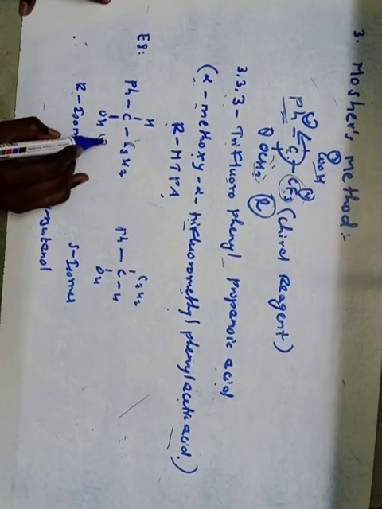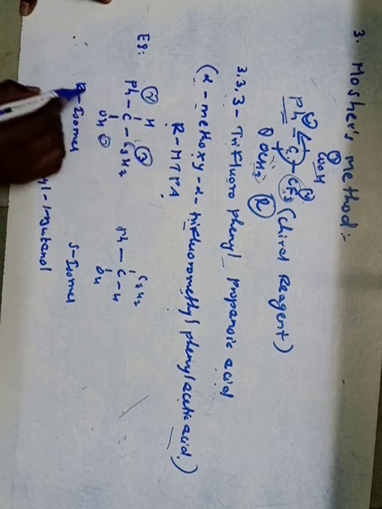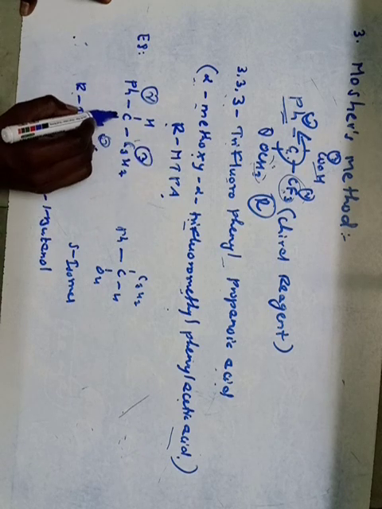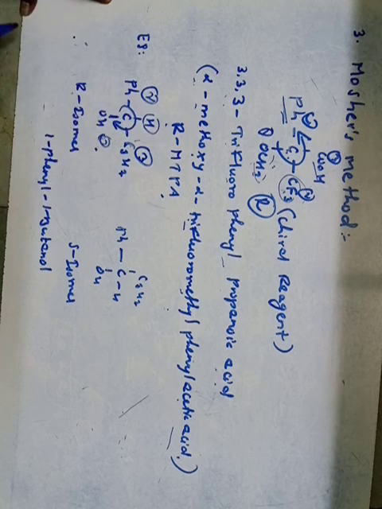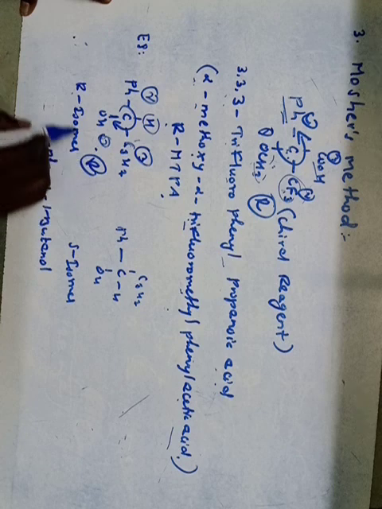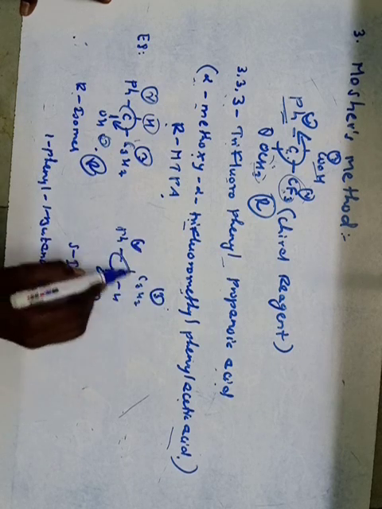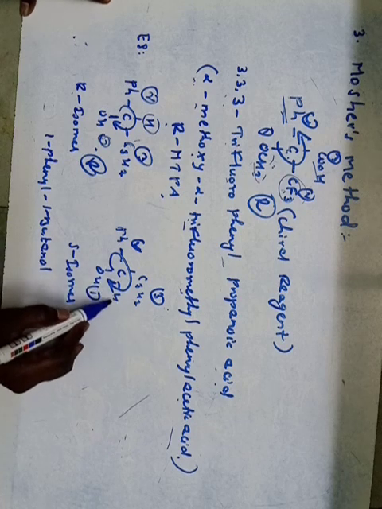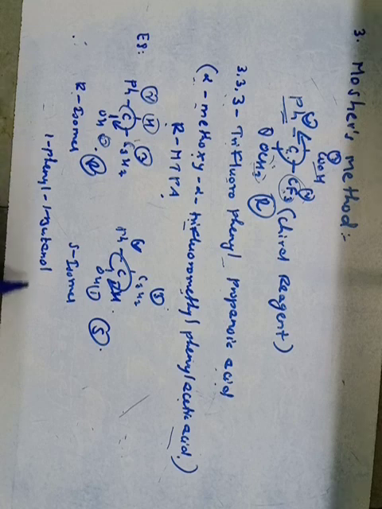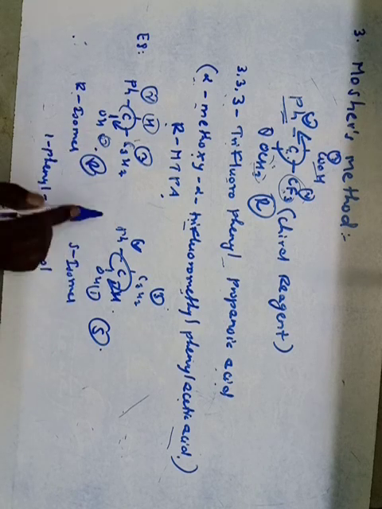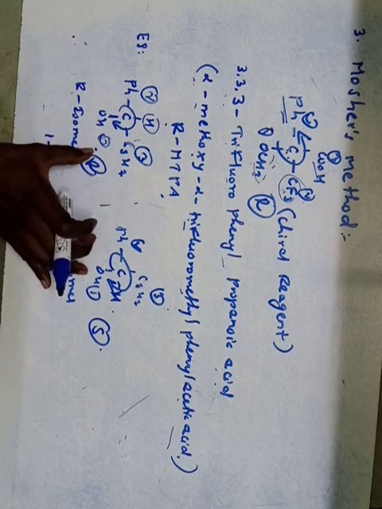See, this is the R isomer, and let's take priorities: 1, and this phenyl group gets 2, and this gets 3. 1, 2, 3 means this is clockwise, and the fourth priority group is in vertical, so it is an R configuration, right? And here, see 1, this is 2 and this is 3, this is clockwise direction, whereas the fourth priority group is in horizontal, so it is an S configuration. Okay, this is 1-phenyl-1-butanol, and this is R configuration and this is the S configuration, so these two are enantiomers, right?